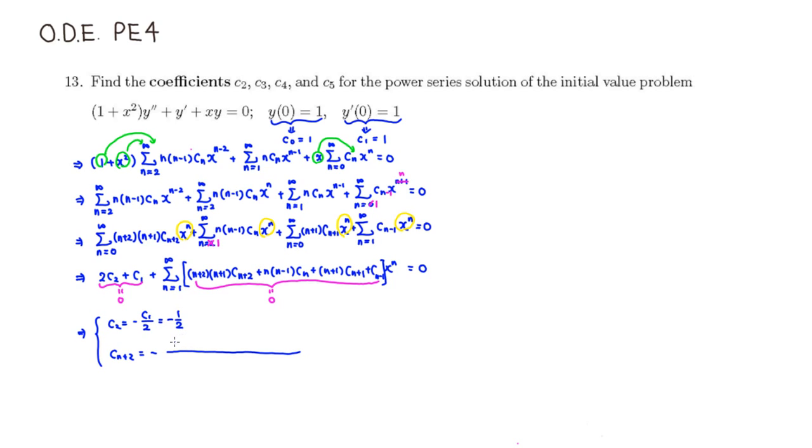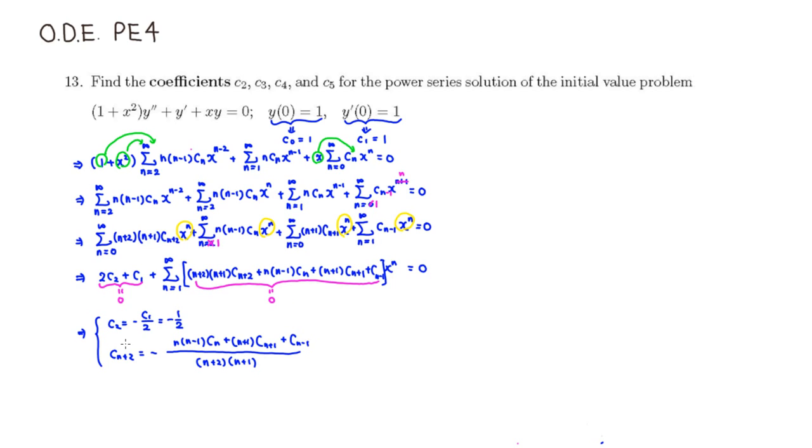So this is going to be n times n minus 1 times c_n, plus n plus 1 times c_(n+1), plus c_(n-1). Then you have to divide by n plus 2 and n plus 1. So I just isolated c_(n+2).